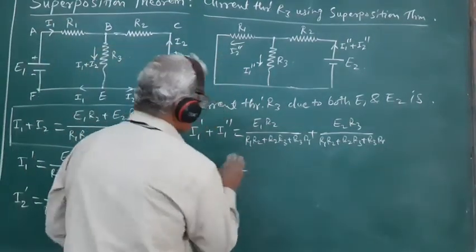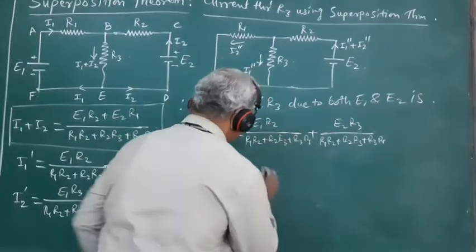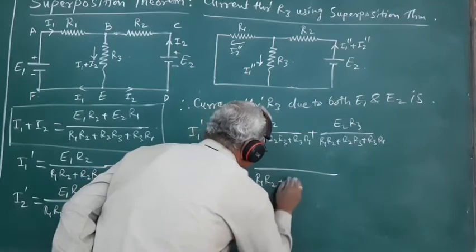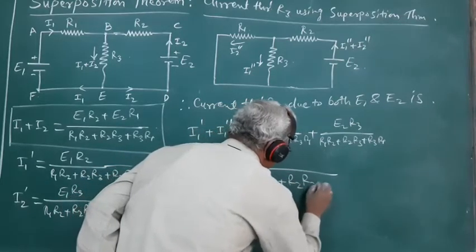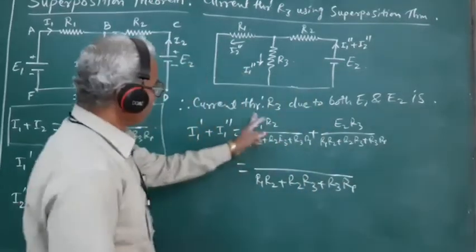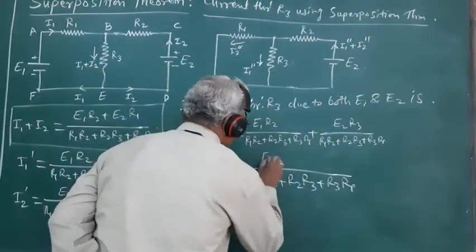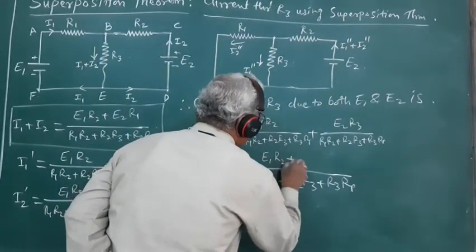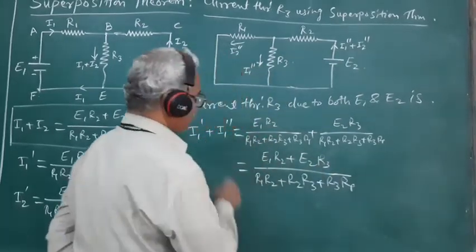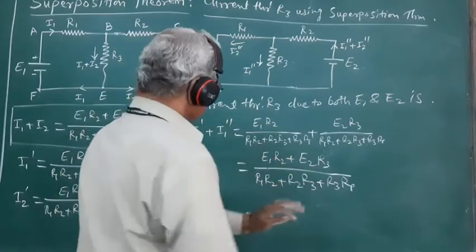So this is it. If we take this LCM, we have R1 R2 plus R2 R3 plus R3 R1, and in the numerator it is E1 R2 plus E2 R3.